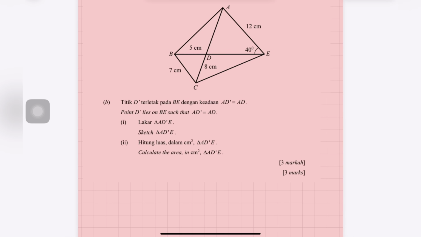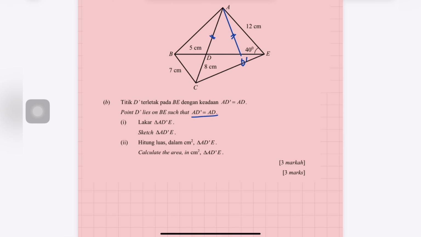B, point D prime lies on BE such that AD prime equals AD. Roman 1, sketch triangle AD prime E. Okay, so given here AD prime equals AD and D lies on straight line BE. So another D is right here. So D prime, because AD equals AD prime, segitiga sama kaki.